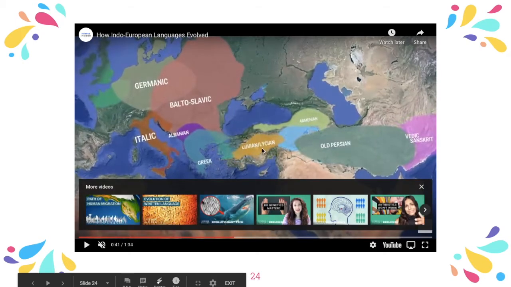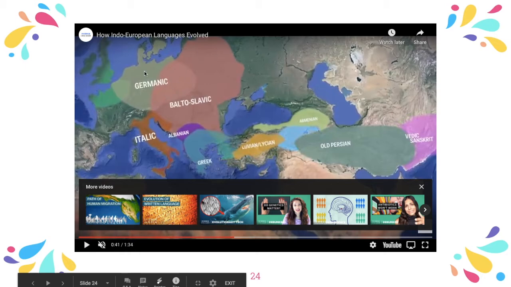Specifically, as you look to the west, up into Europe here, there are three main language branches from the Indo-European family that we've discussed quite a bit. One is Germanic, one is Balto-Slavic, and one is Italic. Balto-Slavic becomes Russian, Polish, a lot of languages that you would find in eastern parts of Europe.